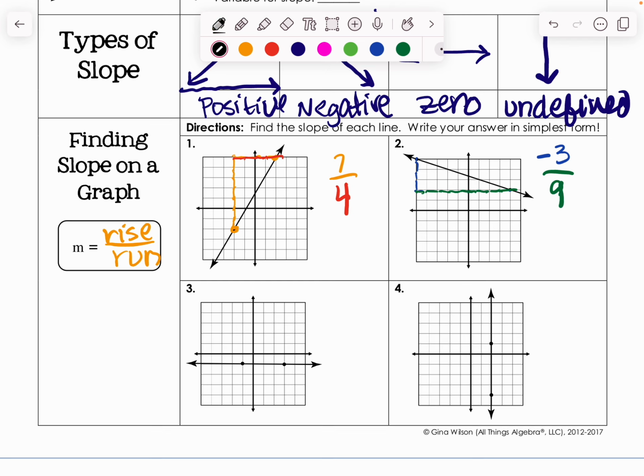Remember, we have to simplify it. So negative 3 over 9 is negative 1/3. Because technically, if you look at this number 2, if you go down 1 and over 3, you're also hitting a point. Down 1 over 3. You hit your points.